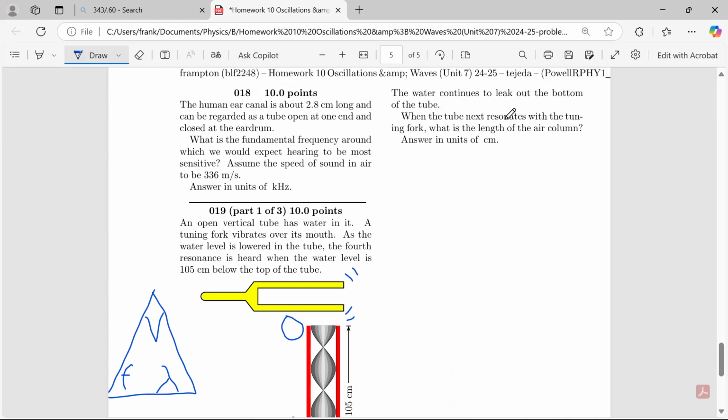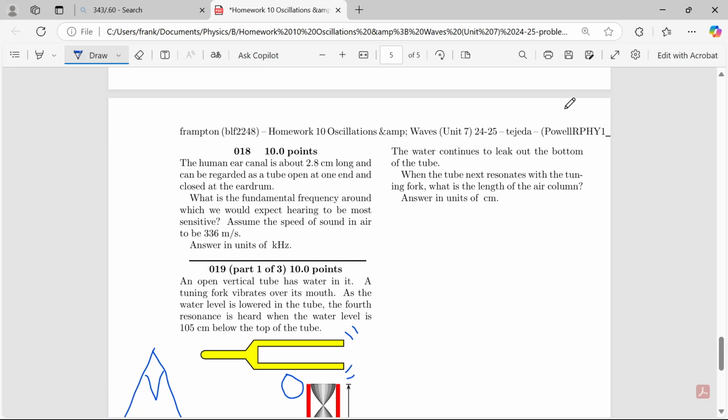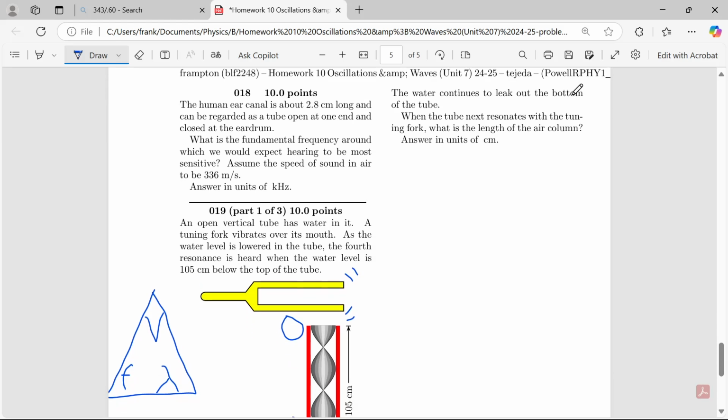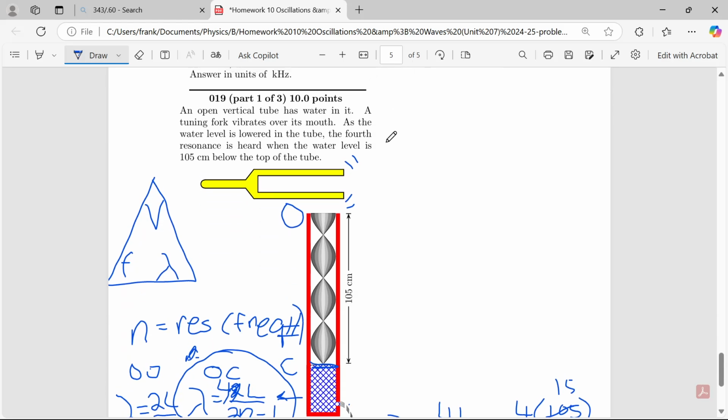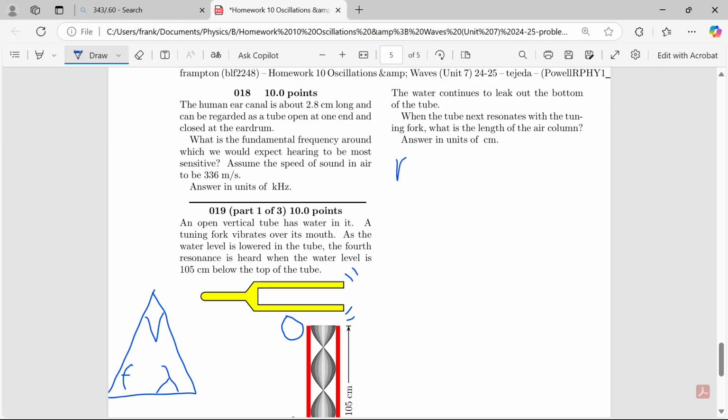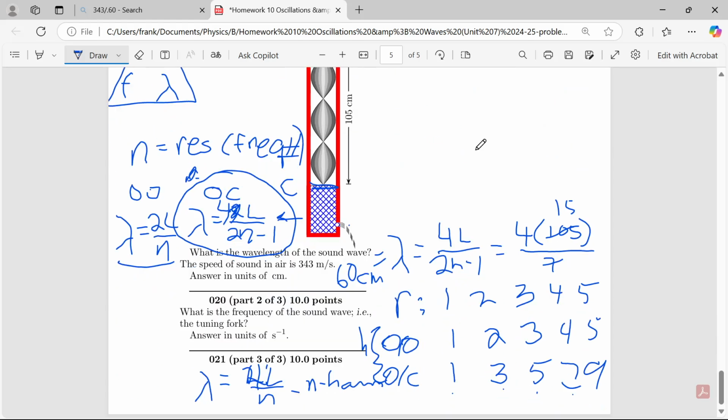Question 21 says, the water continues to leak out the bottom of the tube. Find the length when the tube next resonates. Well, this was at the fourth resonance, so now N is going to be 5 for resonances. If I were using the harmonics, the fifth resonance is the ninth harmonic.